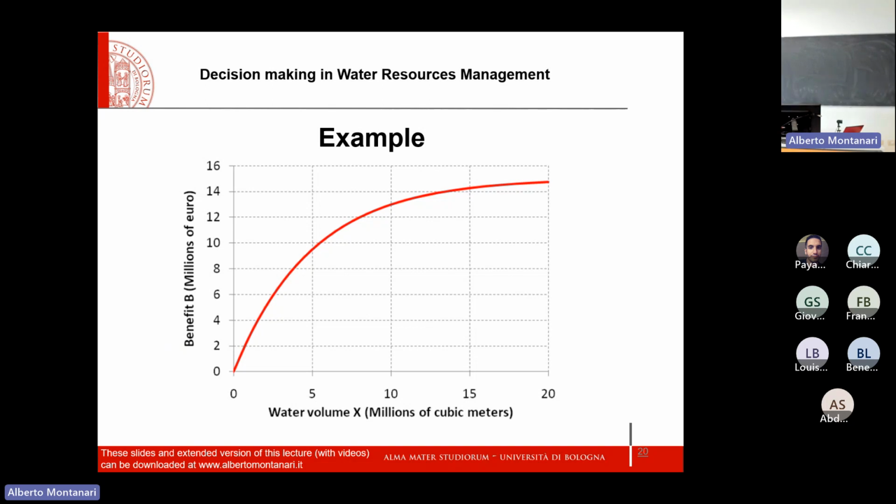It's just arbitrary, but this is common in agriculture, water for irrigation. If you start from 0 water, you have 0 benefit, of course. No water for irrigation, no irrigation-fed agriculture. And then you have a rapid increase of the benefit for increasing water volume for irrigation.